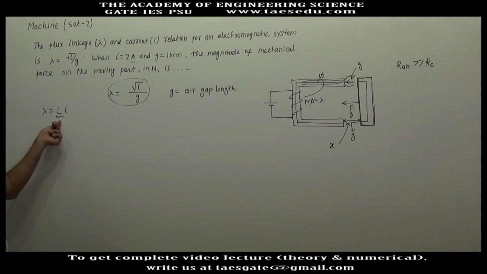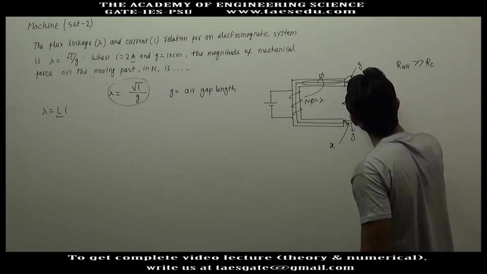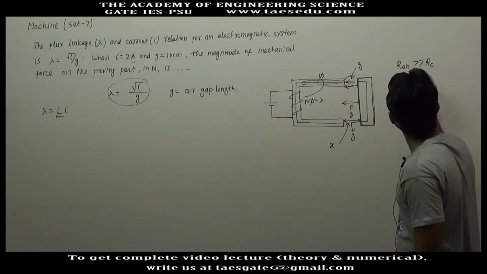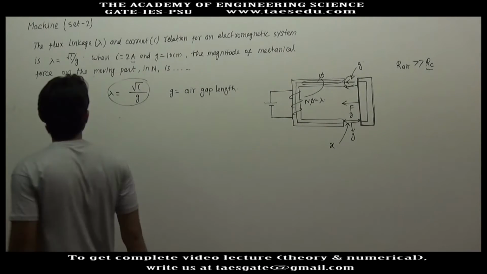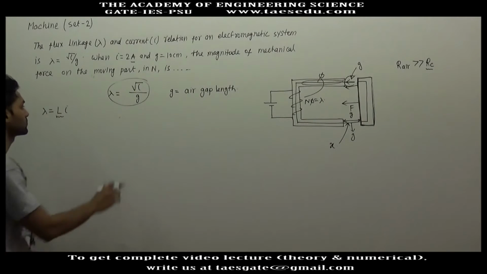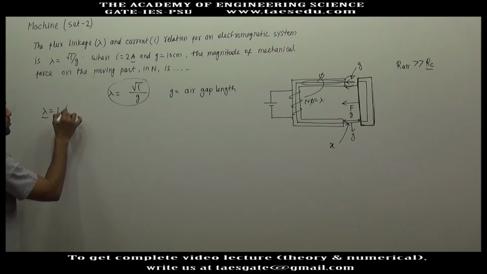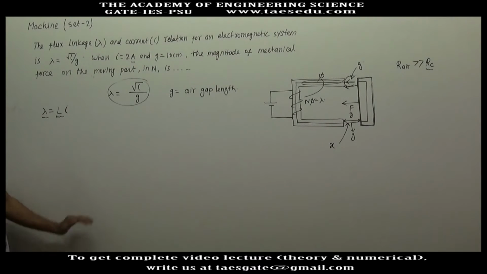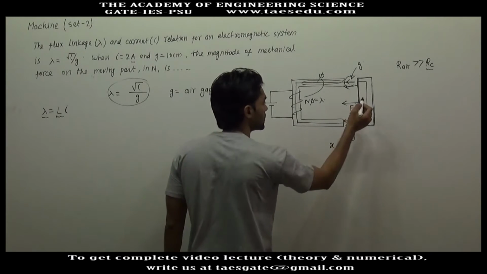L is the inductance of the system. But here, if this bar moves in this direction, the reluctance will be variable. So inductance will also be variable. So the total flux linkage need not be directly proportional to i. So whatever is the relation, this relation is given. And now we have to find out the force acting on this bar.